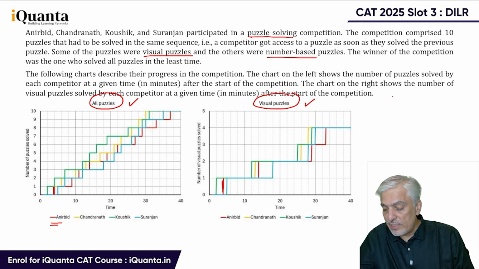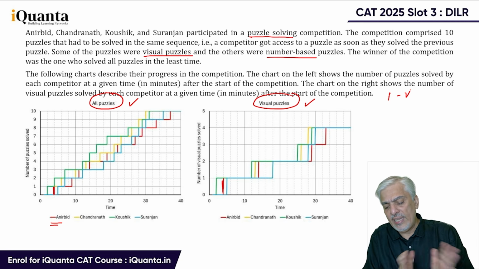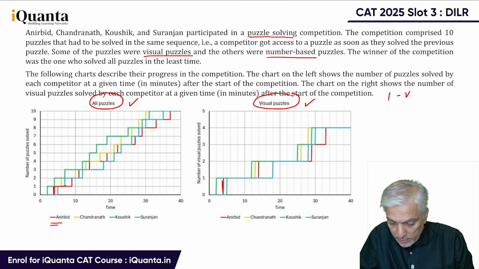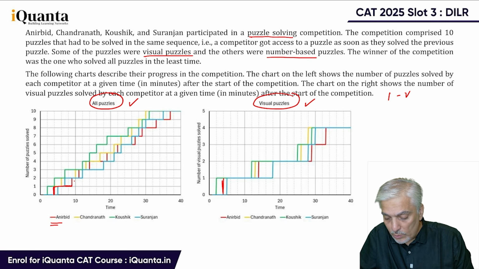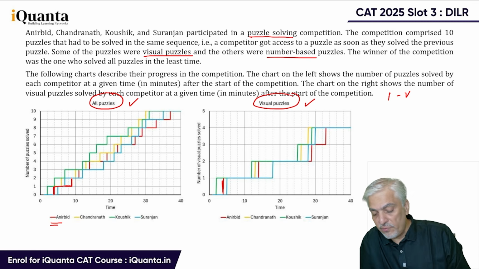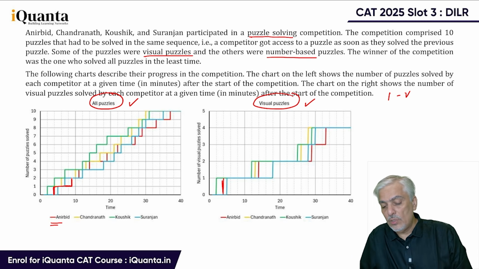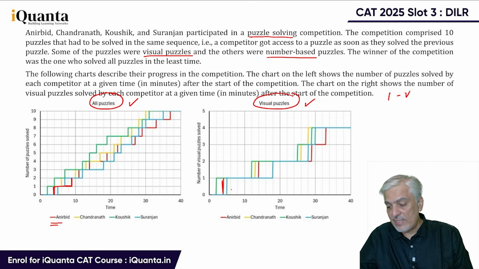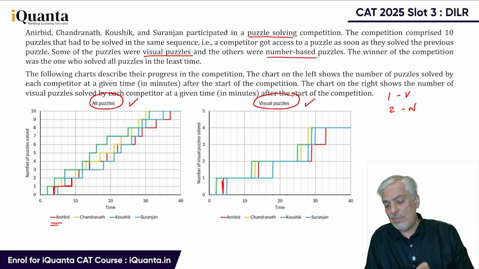So the first puzzle is a visual puzzle. I'm looking only at A. When does A finish the second puzzle? So A over here finishes the second puzzle somewhere over here, which is roughly in the 9th minute. Now, but in the 9th minute, I don't have a puzzle over here, which means the second puzzle is a number puzzle, and so on. I will get time frames for everybody.